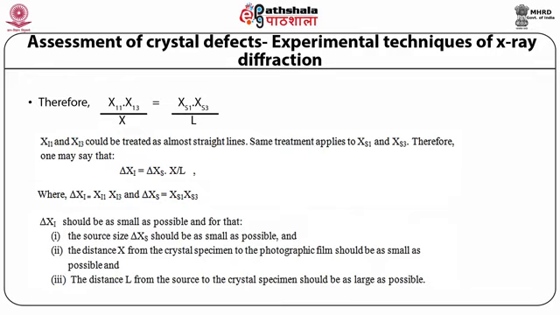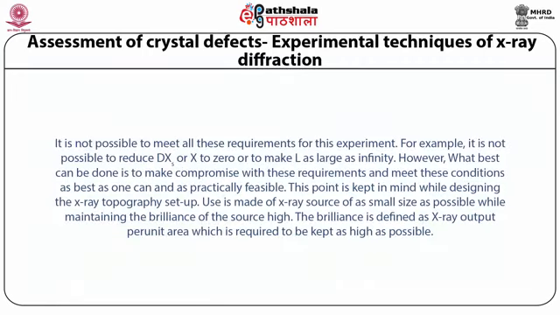Delta xi should be as small as possible, and for that the source size delta xs should be as small as possible, the distance x from the crystal specimen to the photographic film should be as small as possible, and the distance L from the source to the crystal specimen should be as large as possible. It is not possible to meet all these requirements for this experiment. For example, it is not possible to reduce delta xs or x to 0, or to make capital L as large as infinity.